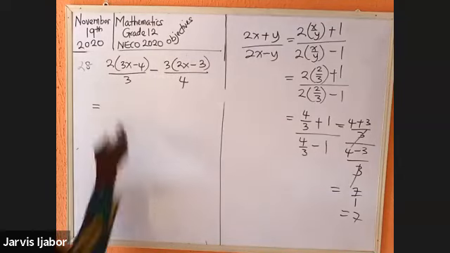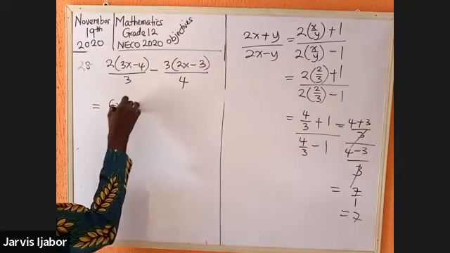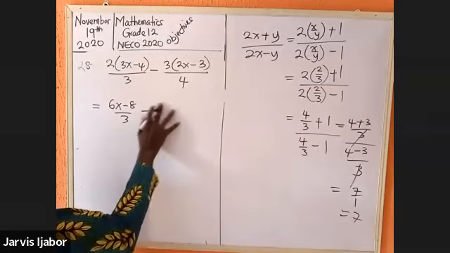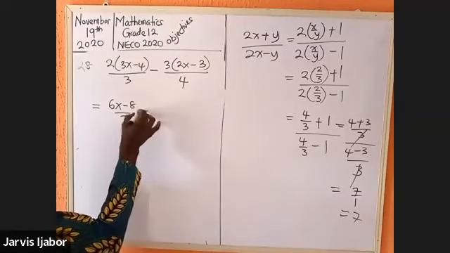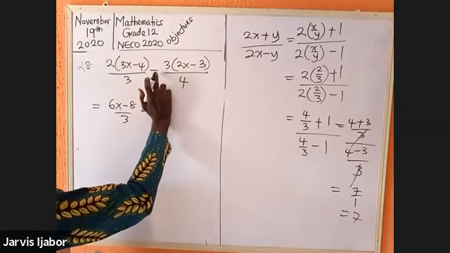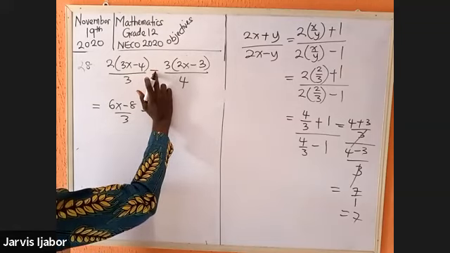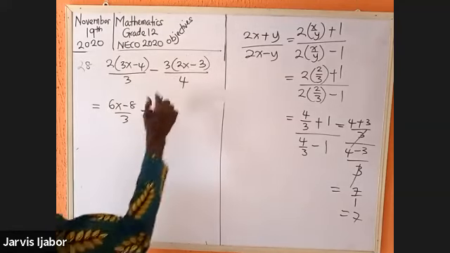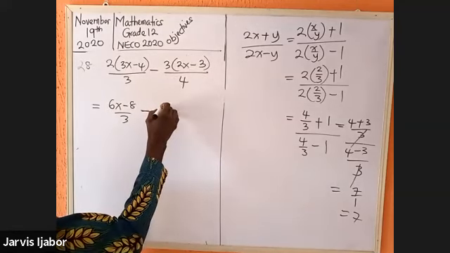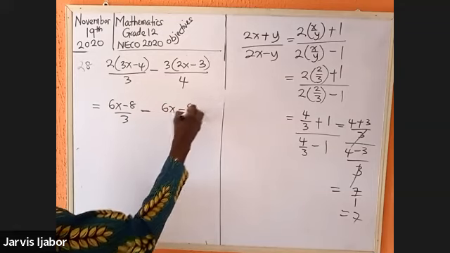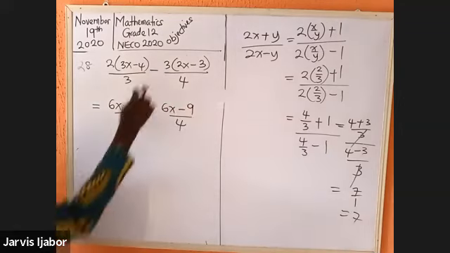No problem. This will give me 6x minus 8 over 3 minus 3, and please, when you're opening the bracket, be careful with this negative sign. Don't use it yet. Just use this 3 to multiply this. This will be 6x minus 9 over 4.